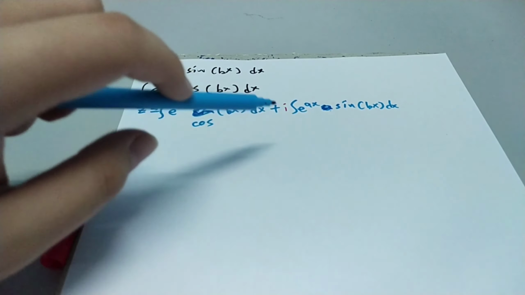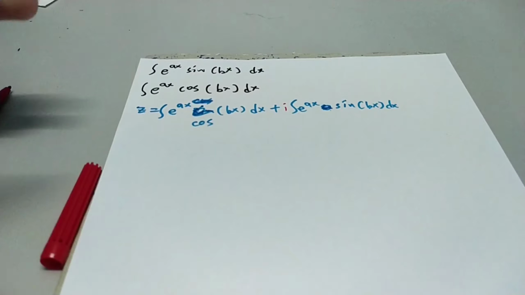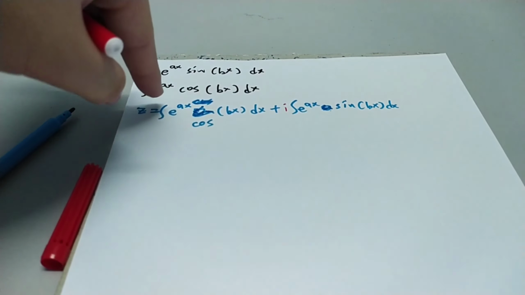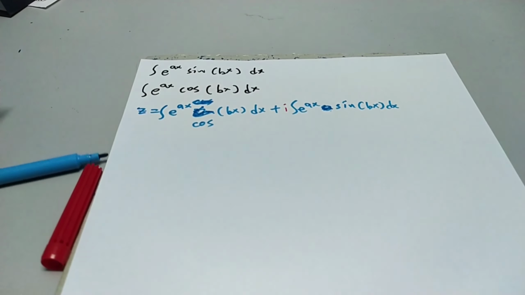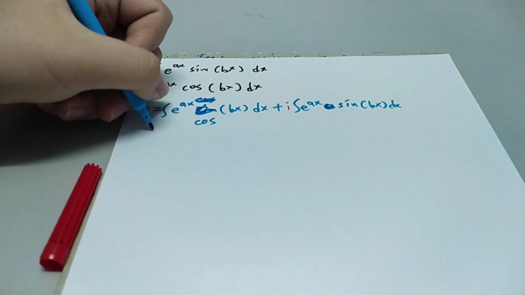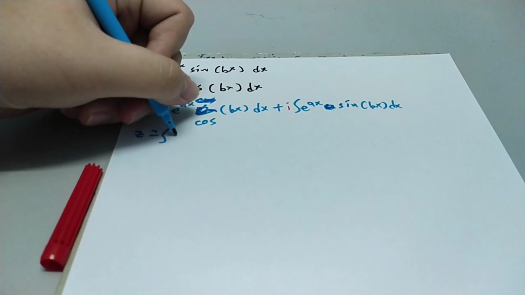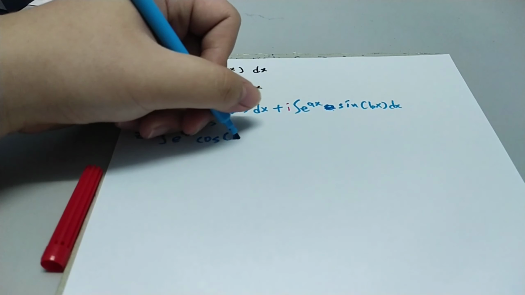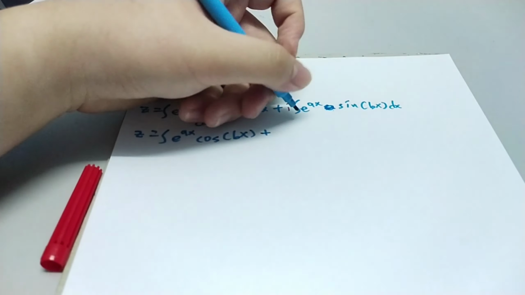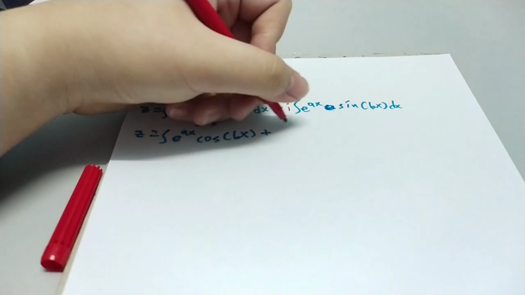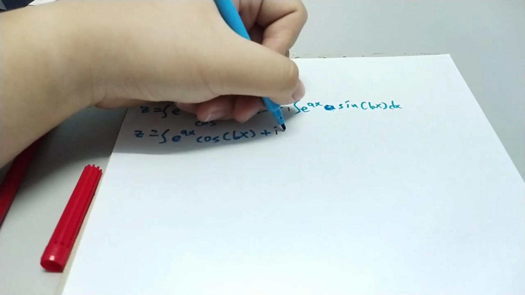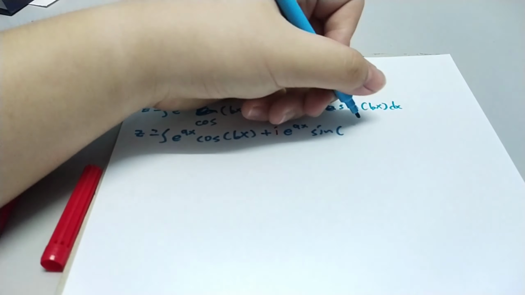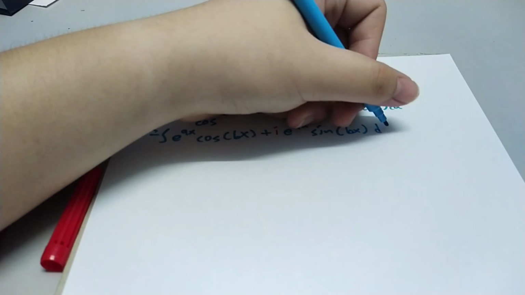Since i is an imaginary number, we can just treat it like a constant, and then we can group these two together. So I will have the integral of e power of ax times cosine of bx plus i times e power of ax times sine of bx, and then dx.